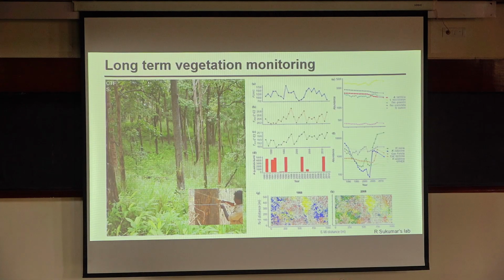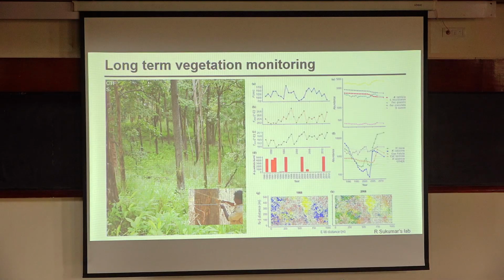And this has already been done with the long-term monitoring plot in Mudumalai, which started off in the late 1980s. And if you track temperatures over the years and you track rainfall over the years, temperature here and rainfall there, you have a period of drought with very low rainfall and high temperatures. And in that time is when you also see fire coming into that system.